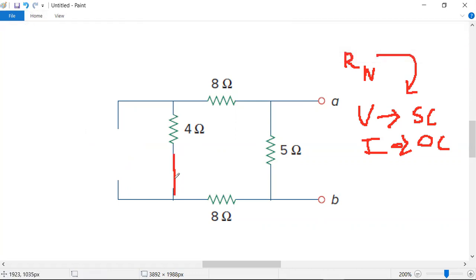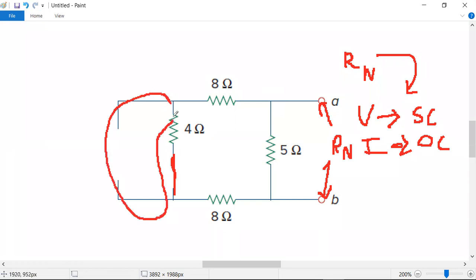Now find Rn or RTH across the A and B terminals. So how are you going to find it? This entire part is going to be eliminated. Let me remove that.